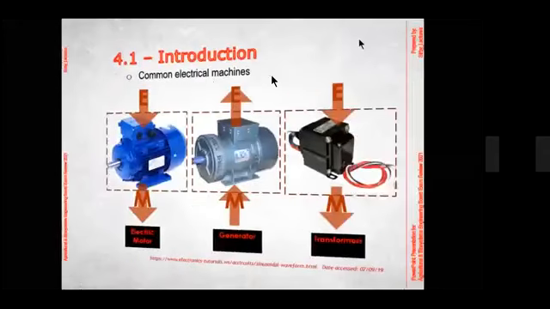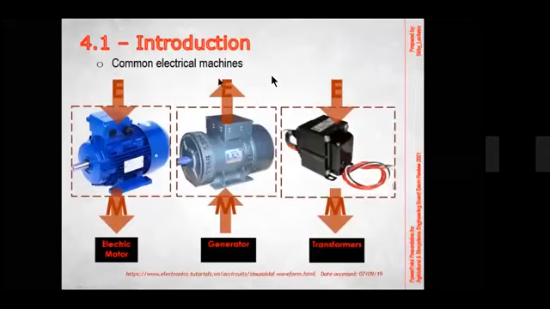Anyway, for the introductions, here are the common types or common examples of electrical machines. So we have the electric motor, we have the generators, and we have the transformers. Okay, so right here, when we say electric motors, basically it's a machine that converts electrical energy.